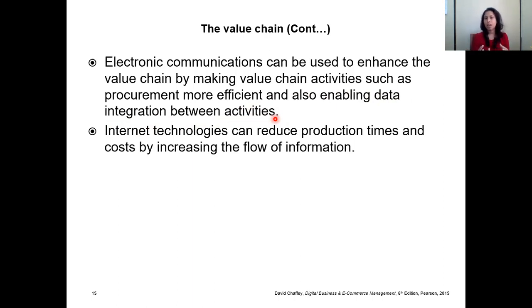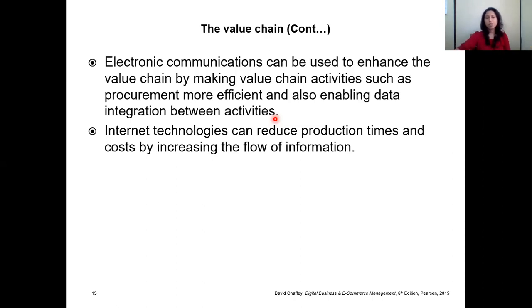If we take the primary activities of inbound logistics, operations, outbound logistics, marketing, after sales services, all these activities can be integrated together in a better way by using electronic communications. Right? Communication delays can be avoided, and the requirements and needs of each department of each of these activities can be communicated clearly along the value chain, right?